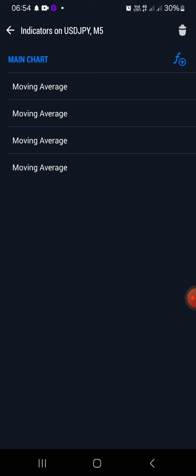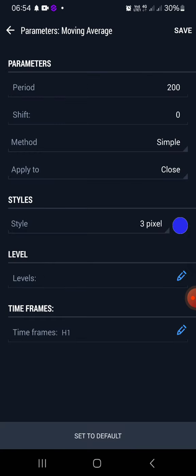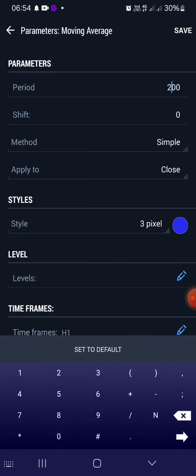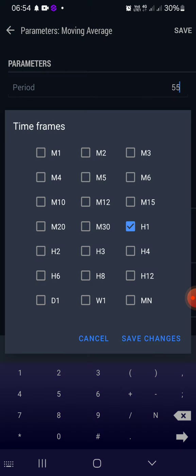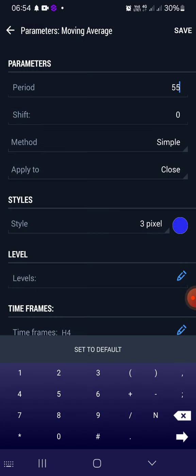Then the next one is the 4 hours. So I'm putting in my new moving average and the new period. For 4 hours we're going to have 55. Then I keep everything else the same except for the time frame.